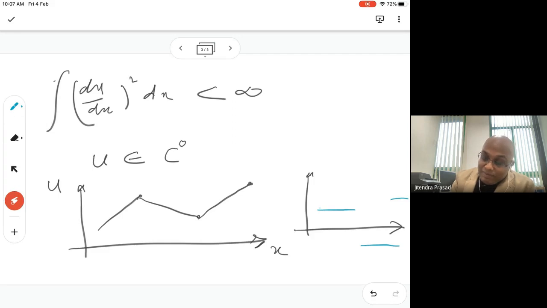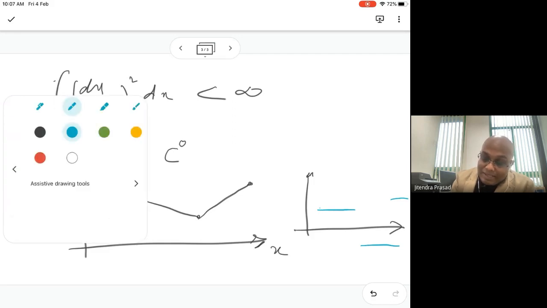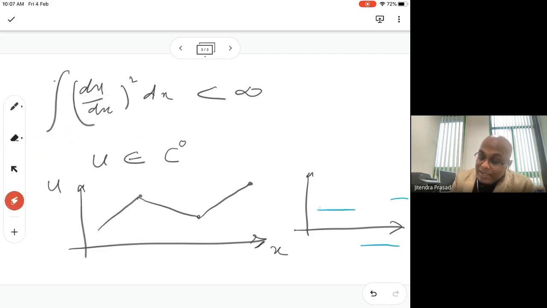This can still be integrated. A square of it you can still integrate, because du over dx is from here to here, this much. We can identify this is x1, this is x2, this is x3.